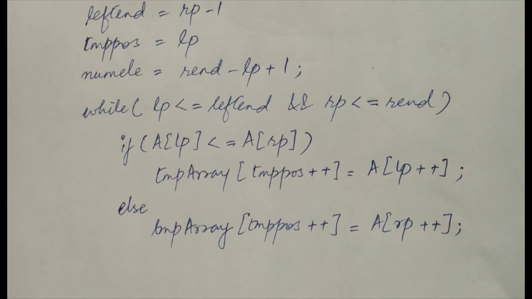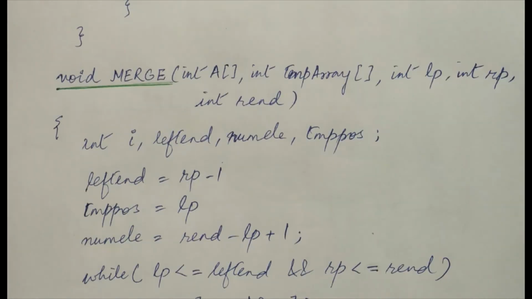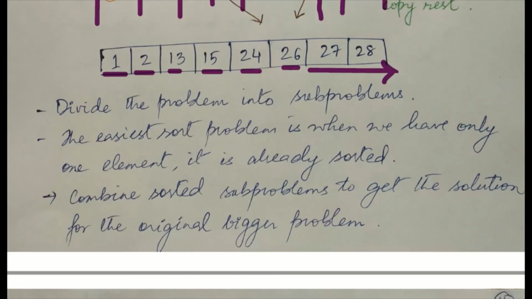If your left element is less than your right element, the left element goes in the temp array. And you have to maintain the position. Basically there's a pointer here as well. When you added 1, the pointer was here. Then when you added 2, the pointer is here.